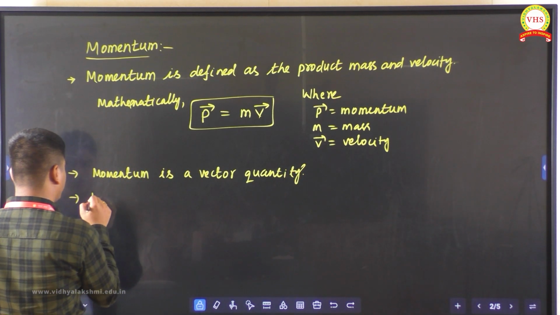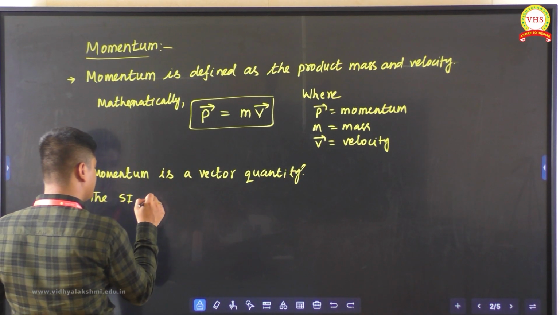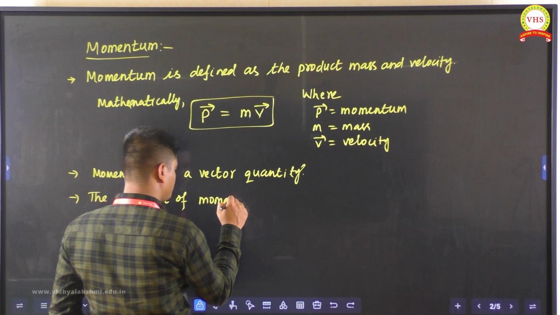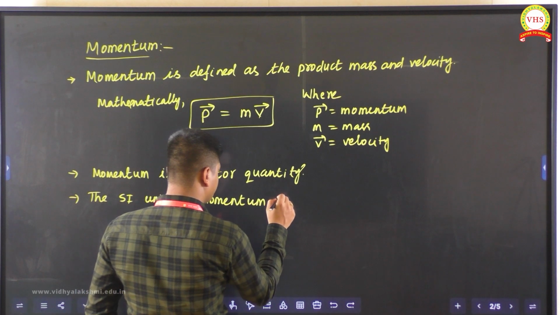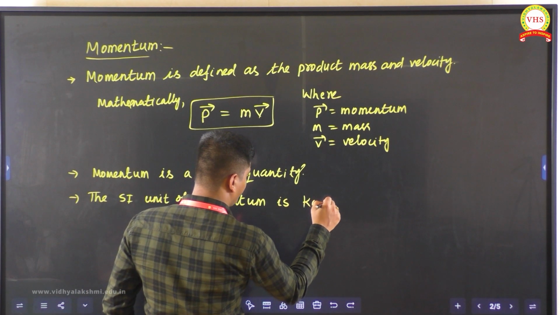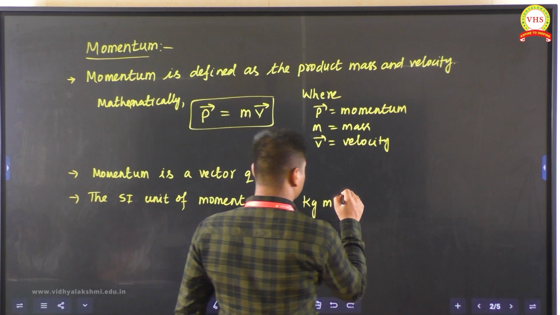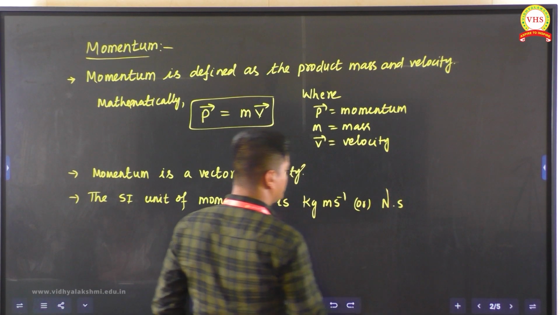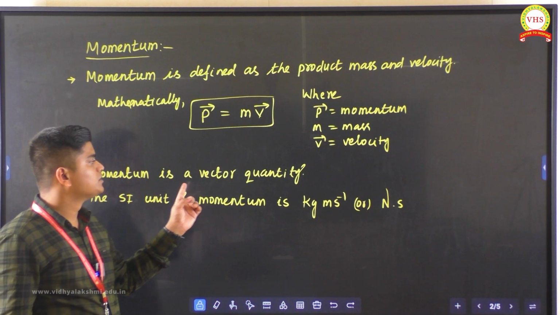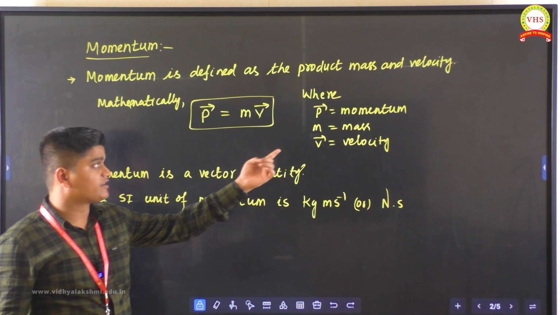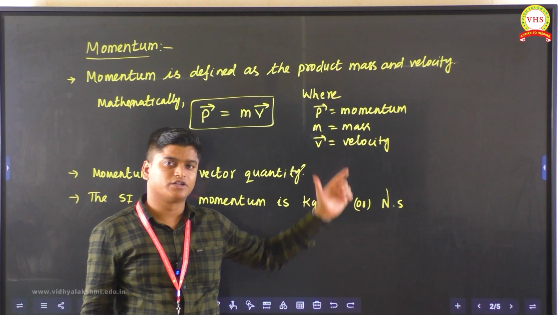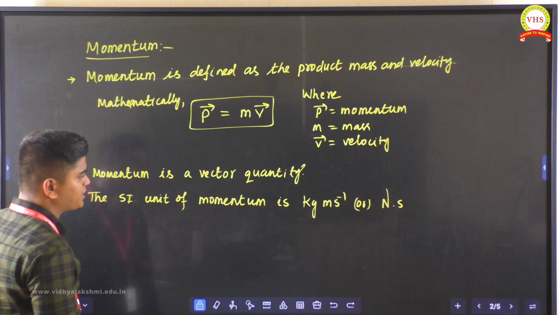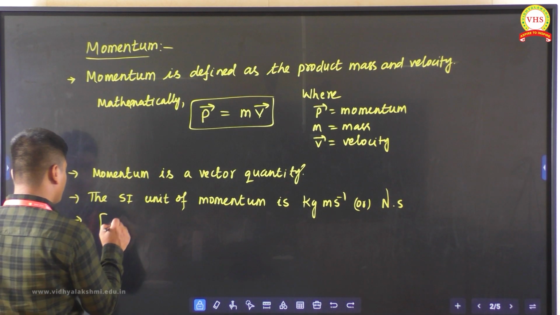And if you want to write the SI unit, the SI unit of momentum is kg meter per second, or you can write Newton second. And remember, if it is a vector quantity, its direction is always in the direction of velocity. So the SI unit of momentum is this much. Now, the dimension if you want to write.